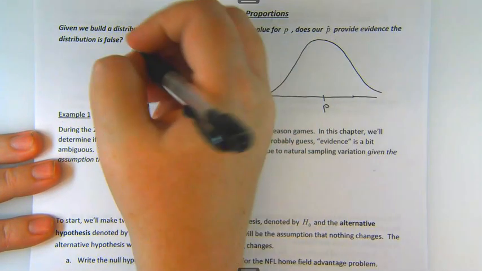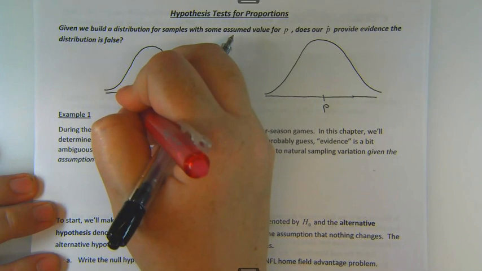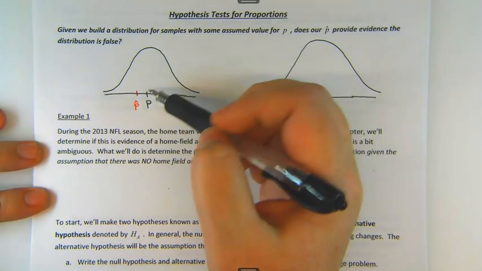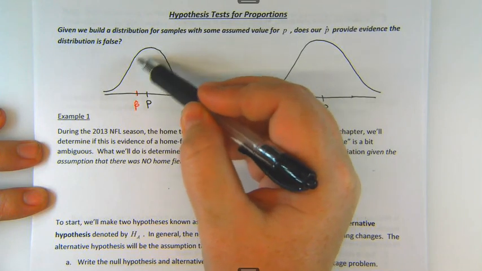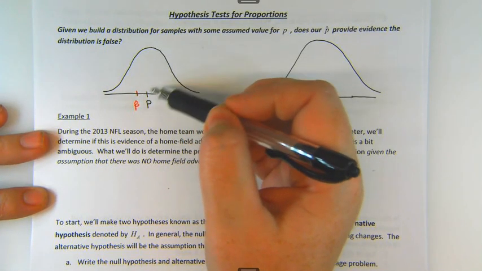If our sample's landing close by, say our sample lands right here, then our sample's kind of expected in that if this is our population proportion, yeah, there's a high probability of landing in here, and we landed in that region, so this isn't that extreme.